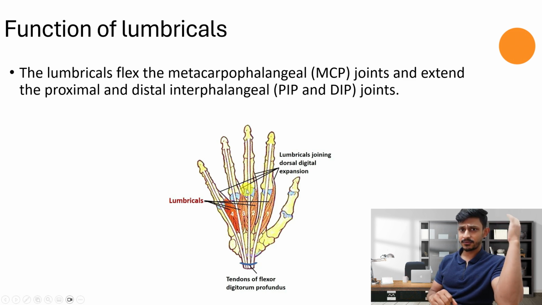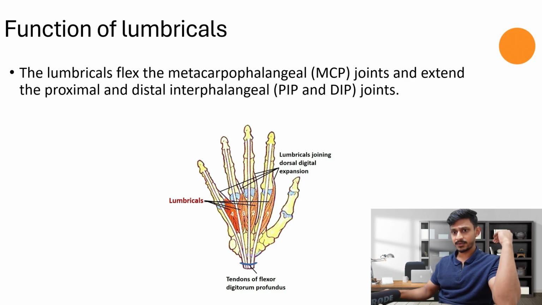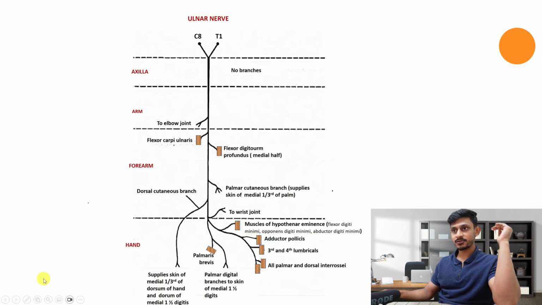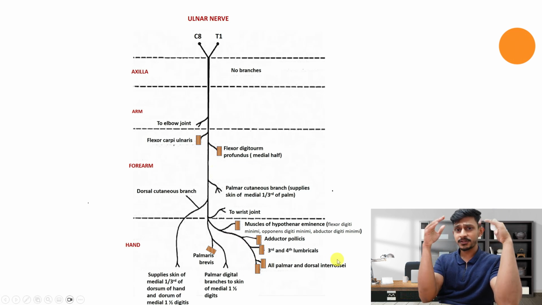So imagine the third and fourth. Okay, wait, let's go back to the previous slide. Imagine there's a lesion at the level of the wrist. The flexor digitorum profundus is still spared, so it's active, whereas the third and fourth lumbricals are affected. So opposite to the function of the lumbricals, that's what will happen.